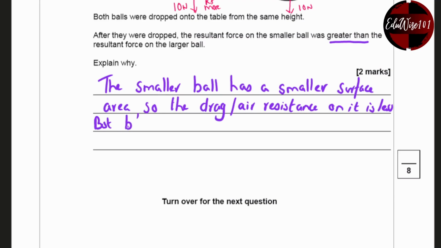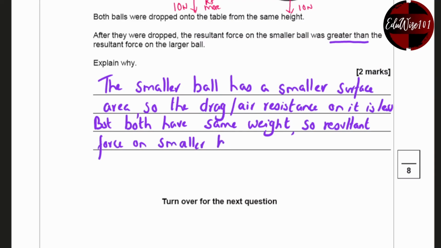But both have the same weight, so the resultant force on the smaller ball is more. Next question.